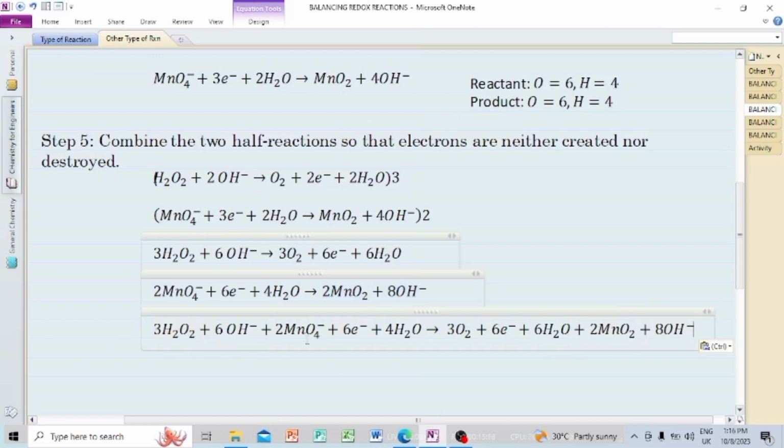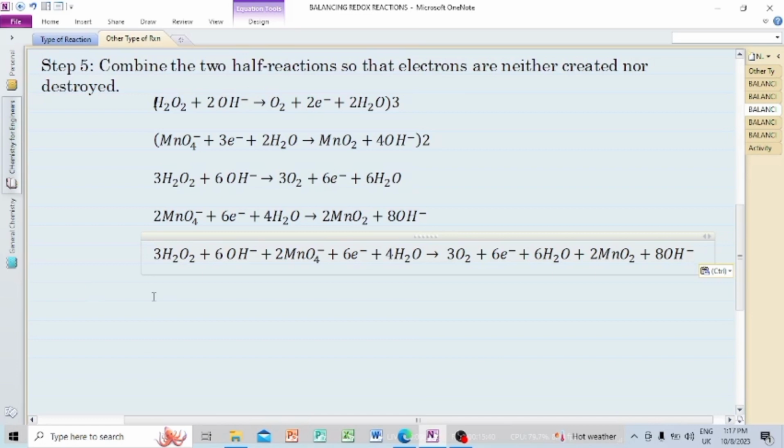Ayan. So, just simply recombine it, guys. 3H2O2 plus 6OH plus 2MnO4 negative plus 6e negative plus 4H2O, ayan, is equal to 3O2 plus 6 electron plus 6 water plus 2MnO2 plus 8OH. And then, simplify.